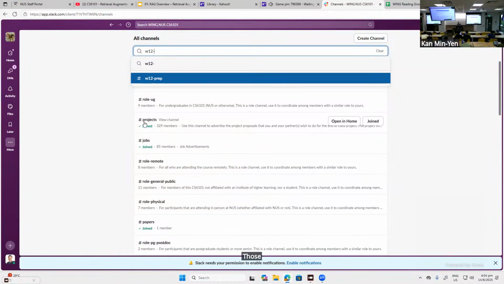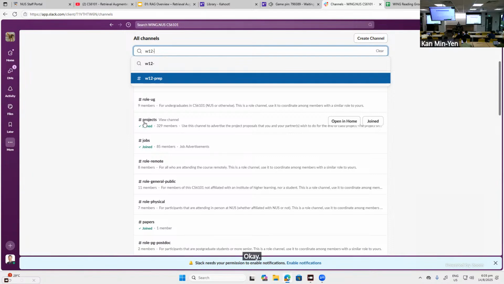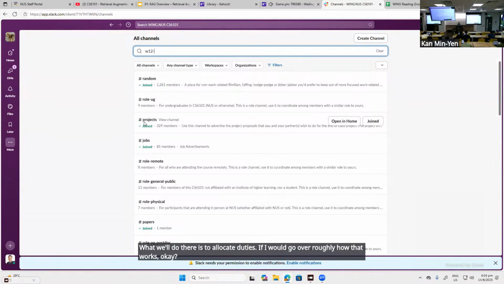Those of you doing CP 3108B for 4 units will have to join at least 4 channels, 2 for support and 2 for lecture. We don't allocate you to the same week for lecture and support, so that's 4 unique channels. What we'll do there is allocate duties for that. So I'm going to go over roughly how that works.